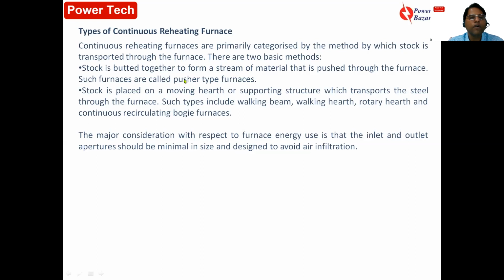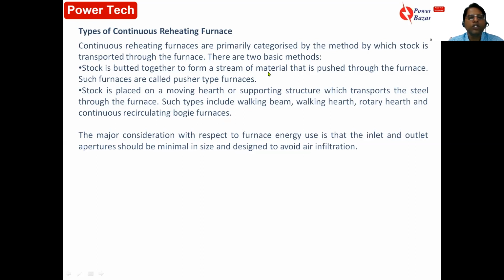In one type, you push the material from the charging end to the discharging end, and that is treated as a pusher type furnace. In the second case, you employ some supporting structure or moving element or moving hearth in the furnace, which will move the material inside the furnace.